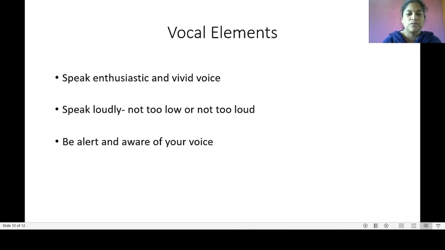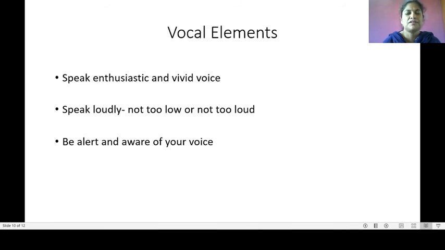You should speak in a way that is not too low and not too loud, a medium voice. And always be alert. If you feel that your voice is low or too loud, be alert and try to control it. Be aware of your voice. Yes, these things are very important.